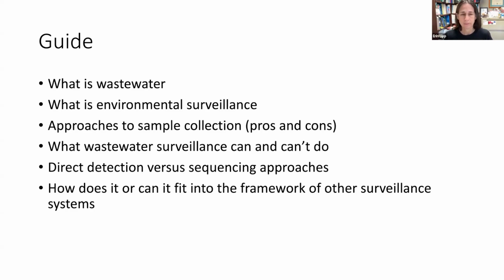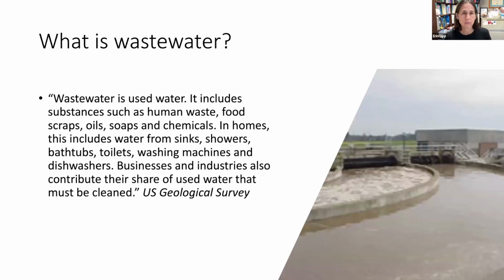Value in direct detection of pathogens versus sequencing approaches, and then how that fits into the larger framework of other surveillance systems. My ultimate goal here is to set up for the next talks that we're going to have over the next couple of weeks that'll go into more details about how this is actually applied in real world situations.